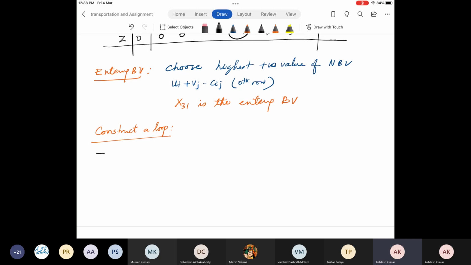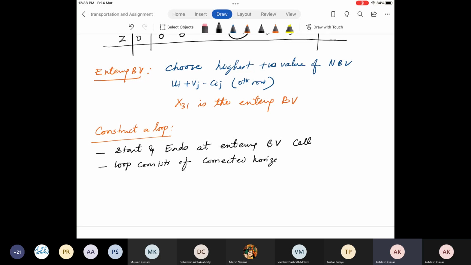The rules are: the loop starts and ends at the entering basic variable cell, in our case x31. The loop consists of connected horizontal and vertical segments only, no diagonals.